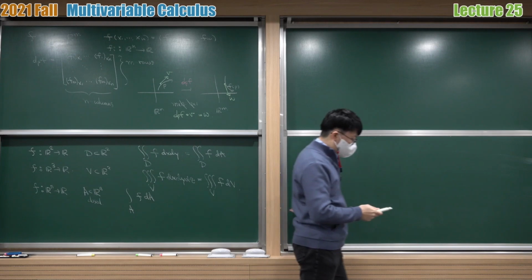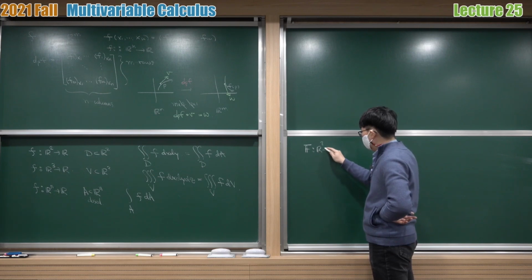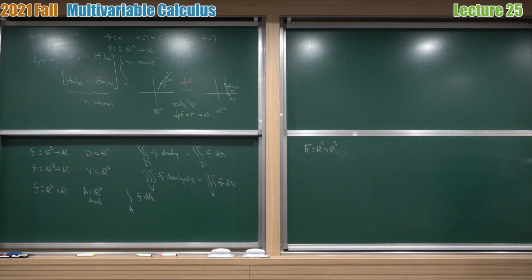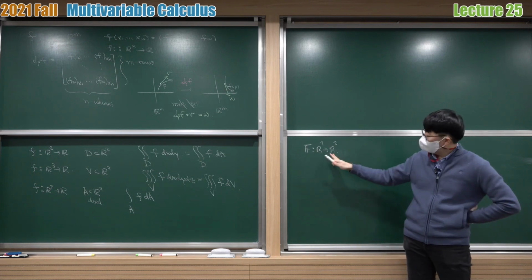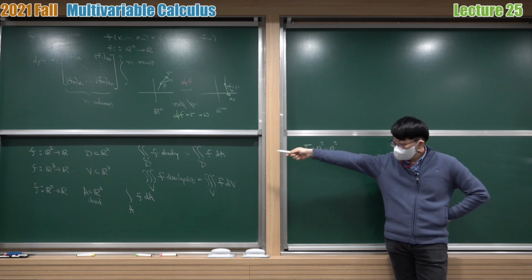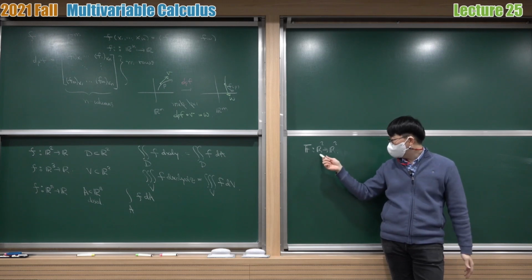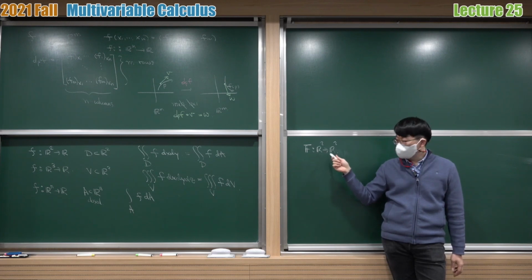Okay? And then we move to the case when we have a vector field. A vector field maps a point to a vector, and I assume that this vector field has the same dimension for the domain space and the target vector space. But again, for the scalar function, the R^n and R are both spaces. Here, for the vector field, the domain is the space, which means it's a set of points, but the target is a set of vectors, which is called a vector space.